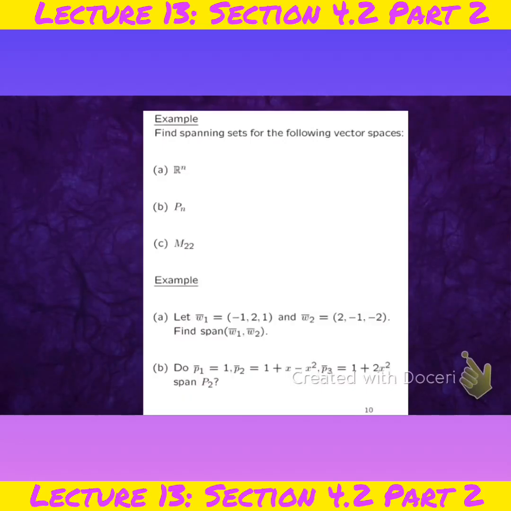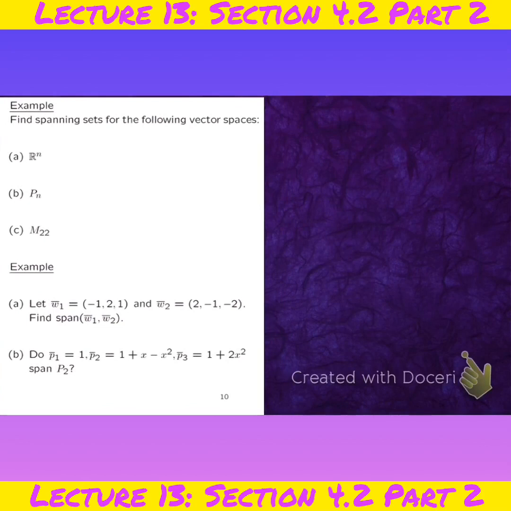Right, so they're asking me in this first example, given the vector W1 and the vector W2, to find the span of the set containing W1 and W2. All right, so how are we going to do this?